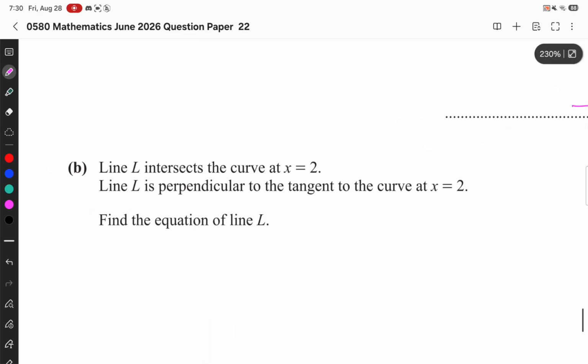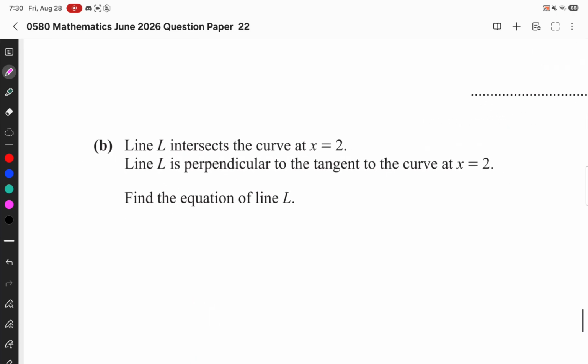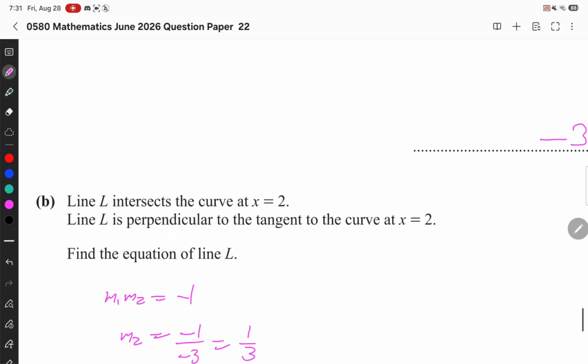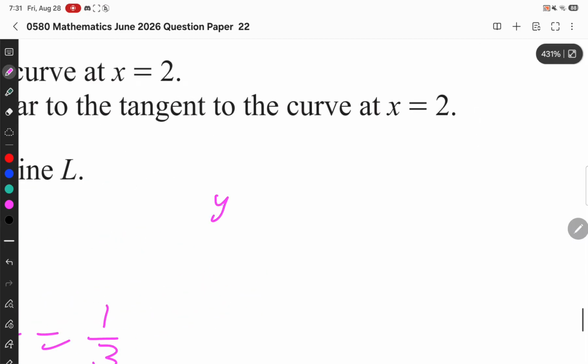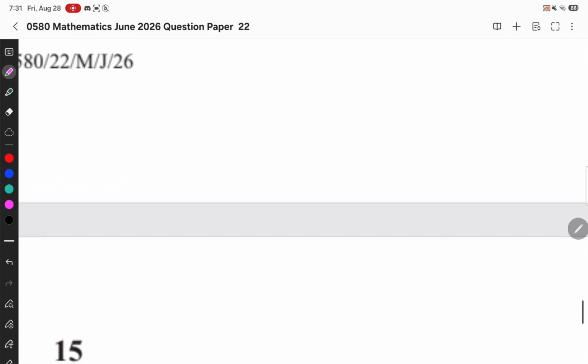Next we have a line that intersects the curve at x equals 2 and is perpendicular to the tangent at the curve. Find the equation of the line. Let's find the slope. So m1 m2 is equal to negative 1, so m2 is equal to negative 1 over negative 3, which is a third, and the point at x equals 2 on the curve. So we want y of 2.